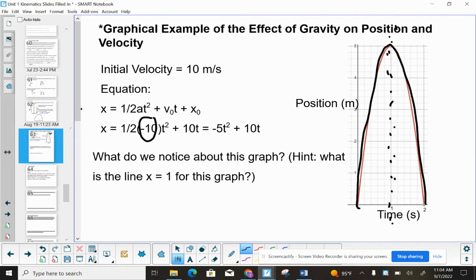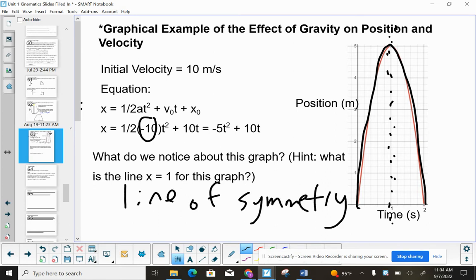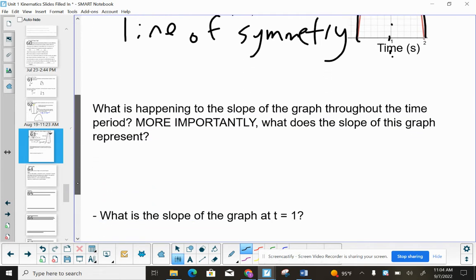When I'm talking about that line for this graph, what does that line do to my parabola? Cuts it in half, right? So x equals 1 is what we would call a line of symmetry. It's symmetrical, and so this is a symmetrical graph.